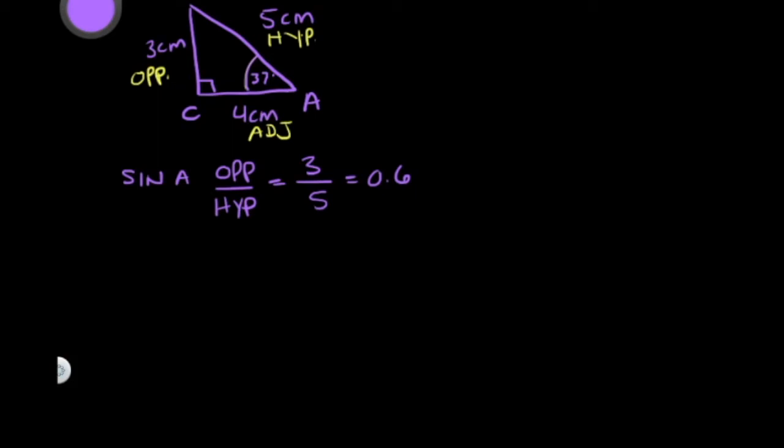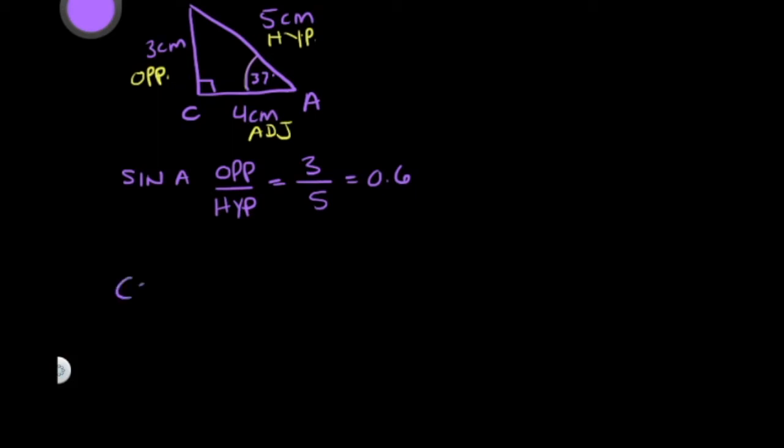If you do sine 37 and then press equals, you will also find that sine 37 equals 0.6018. Okay, so that's what you're going to fill into the column that says sine A. So sine 37 equals 0.6018.